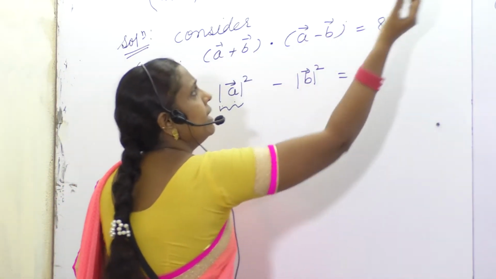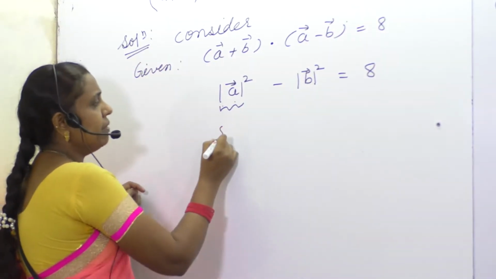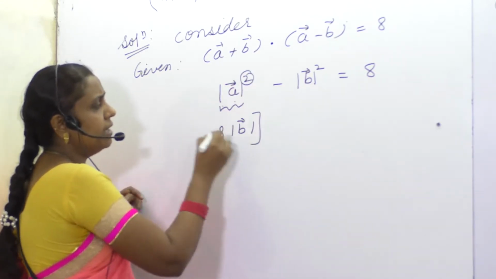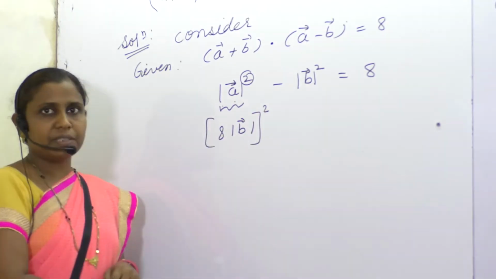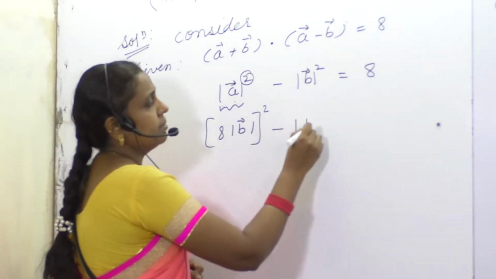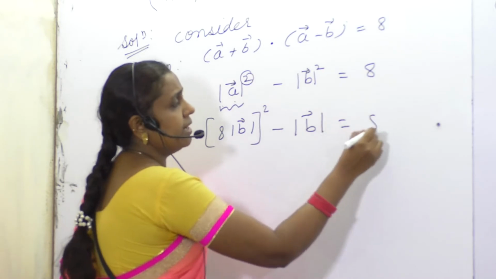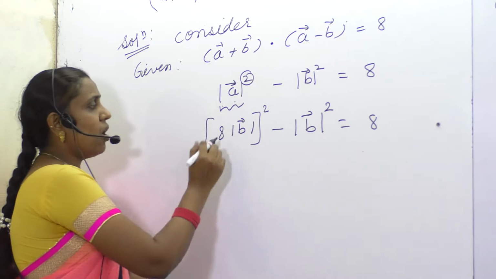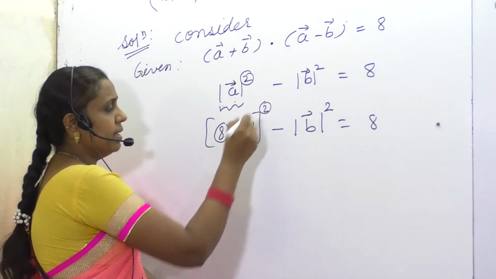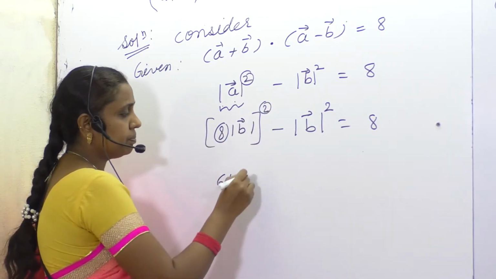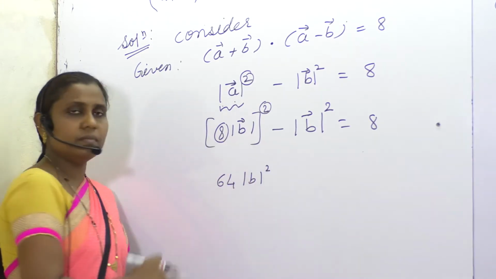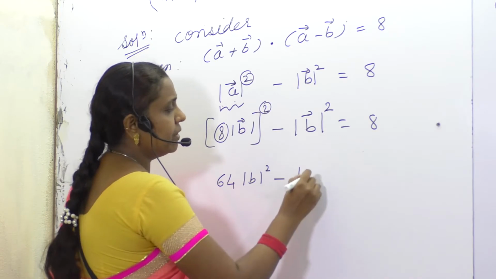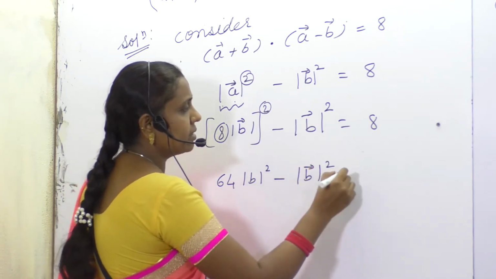Magnitude A is equal to 8 magnitude B. So here I will put 8 magnitude B, and because of the square I need to square the expression. On squaring, 8 the square is 64 magnitude B square, minus magnitude B square, is equal to 8.